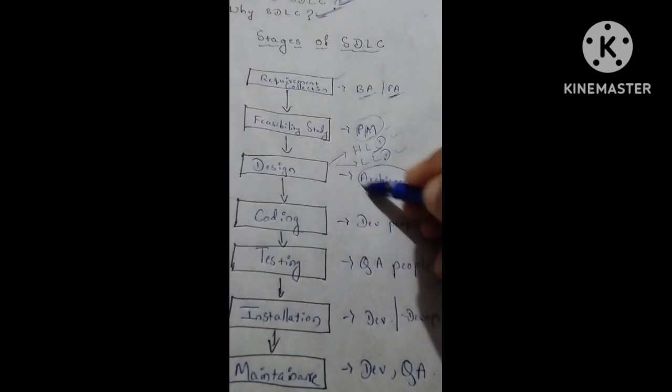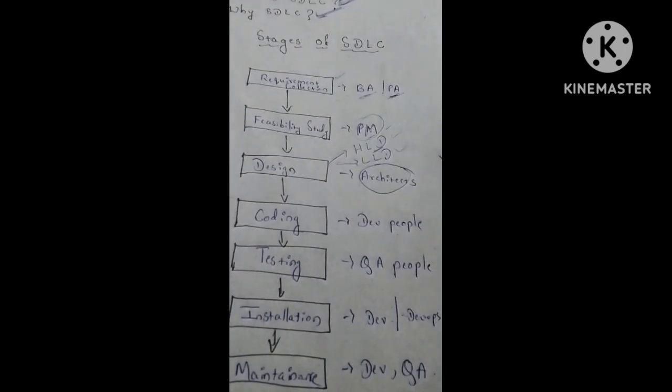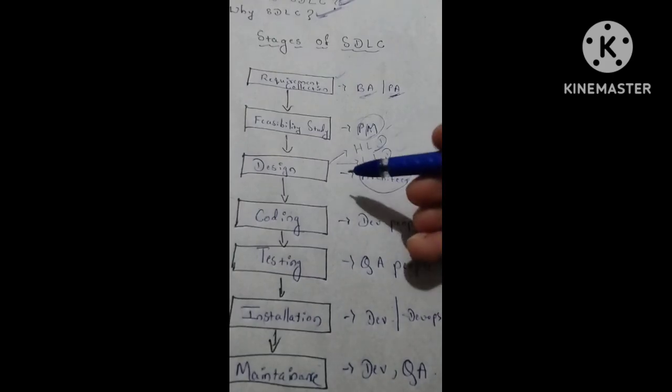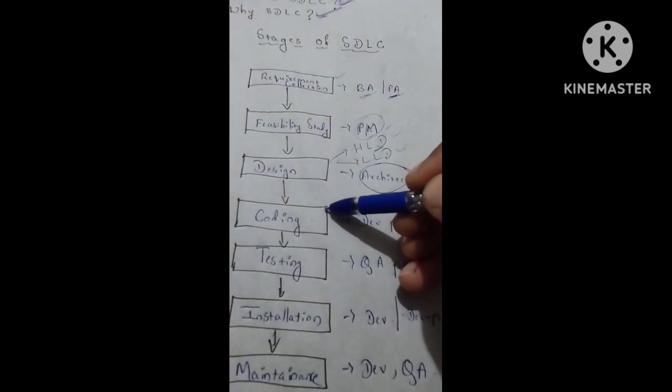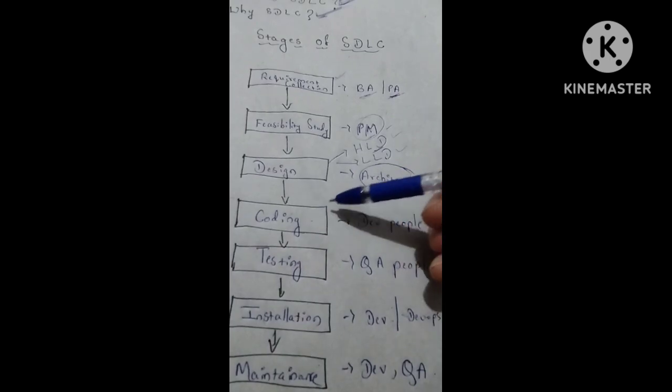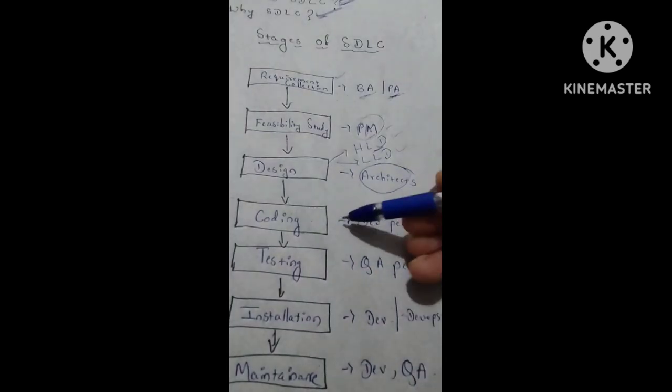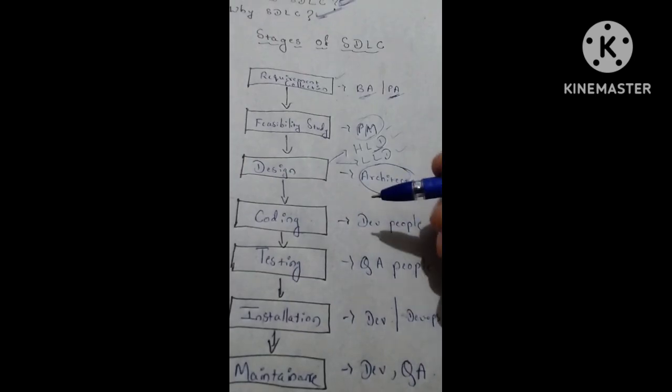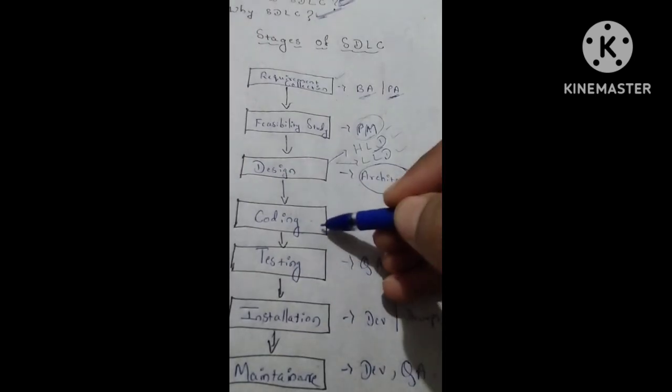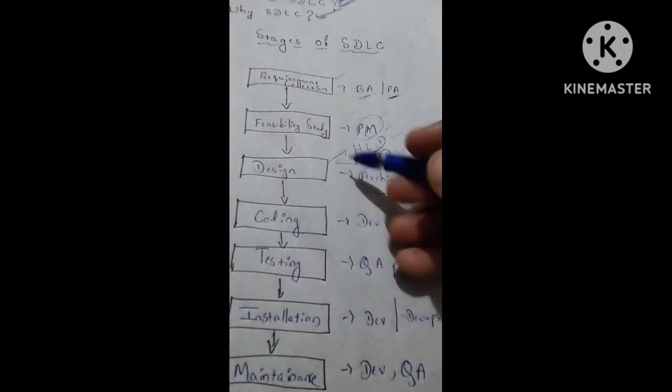This is done by architects or solution architects, senior and junior architects. They are also experts in that particular domain and technologies, so they will take it over. After this, coding, which is nothing but development, is done by developers like senior, intermediate and junior developers.